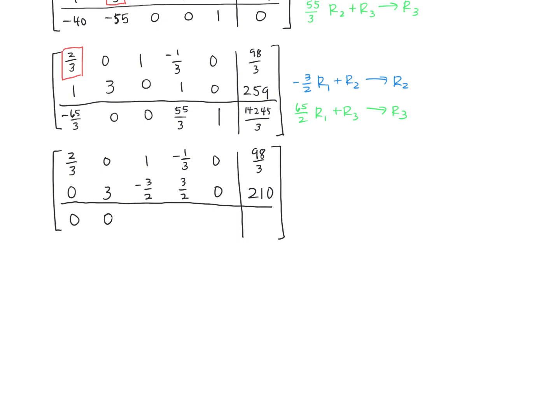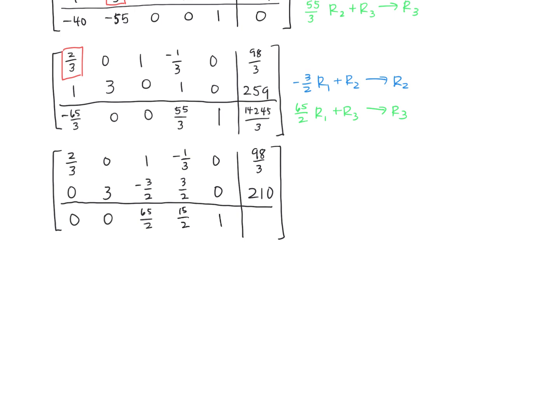All right, 65 over 2 times 1 is 65 over 2, plus 0, 65 over 2. 65 over 2 times negative 1/3, and then add that to 55 thirds, you're going to get 15 over 2. 65/2 times 0 is 0, plus 1 is 1.